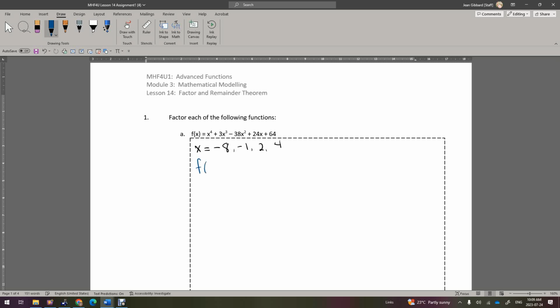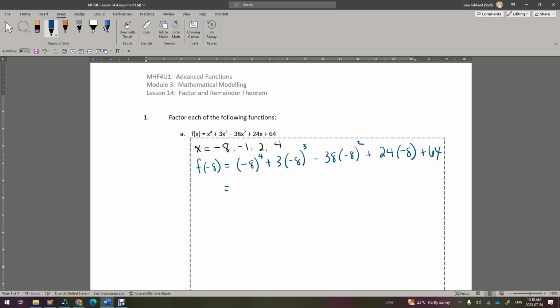So I'm going to say f at -8 equals -8 to the exponent 4 plus 3 times -8 cubed minus 38 times -8 squared plus 24 times -8 plus 64.